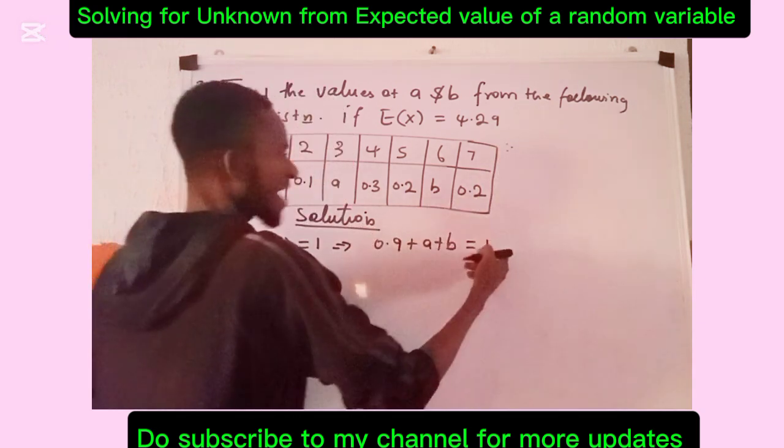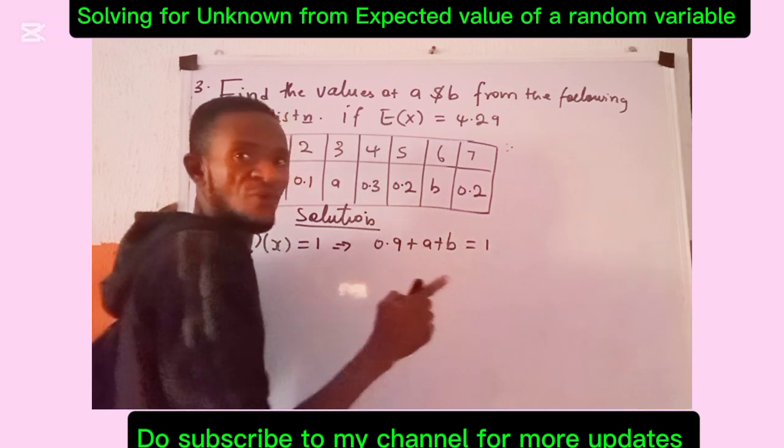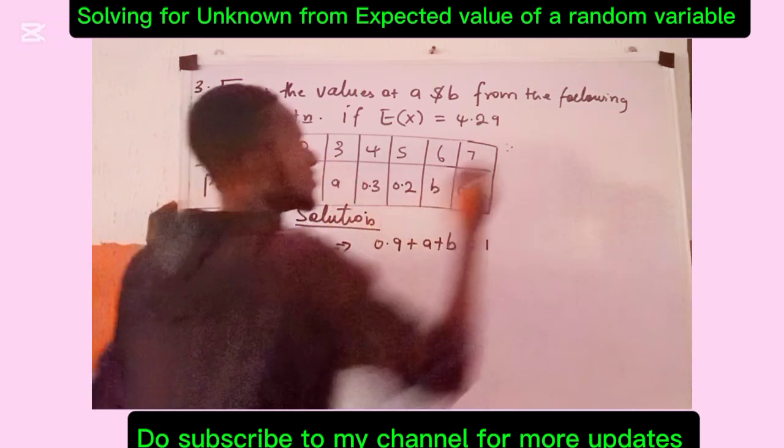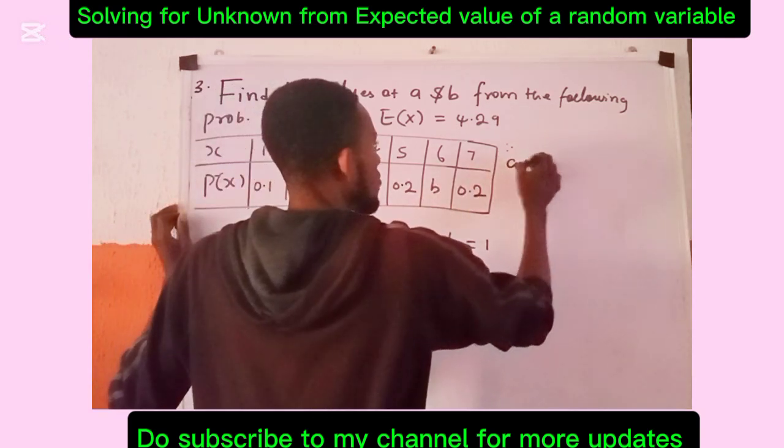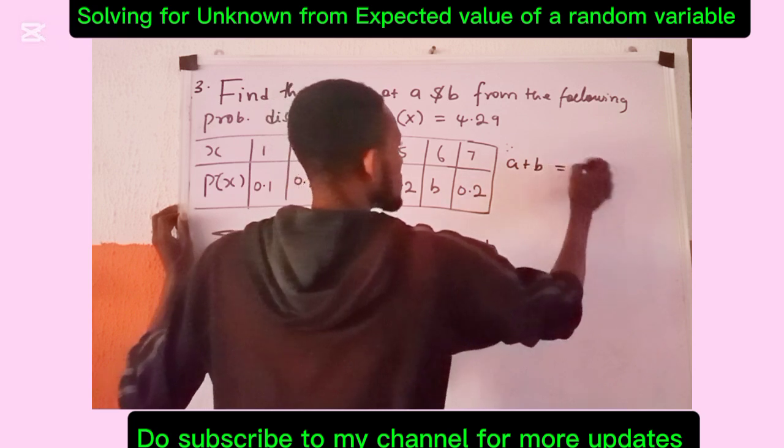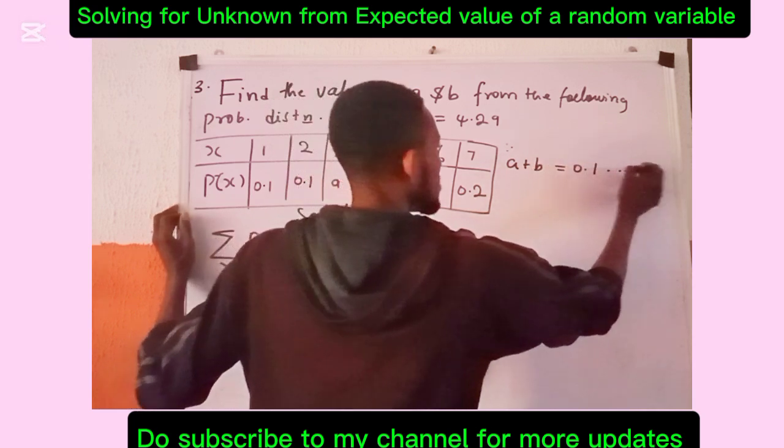When this 0.9 comes over here, 1 minus 0.9 will give me 0.1. So I have that A plus B equals 0.1. I will call it equation 1.